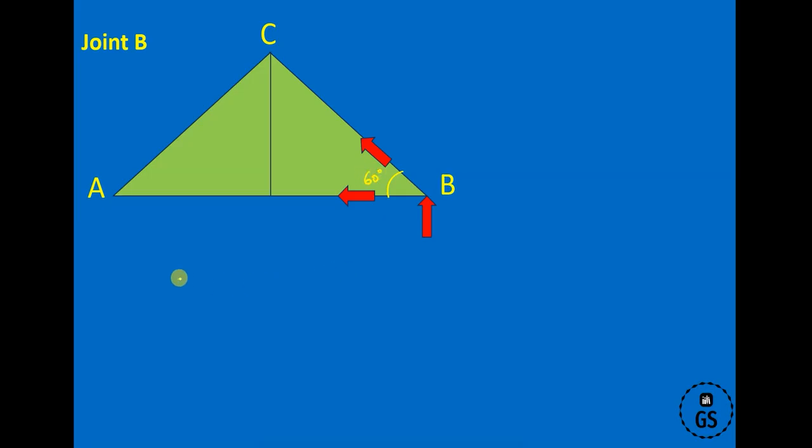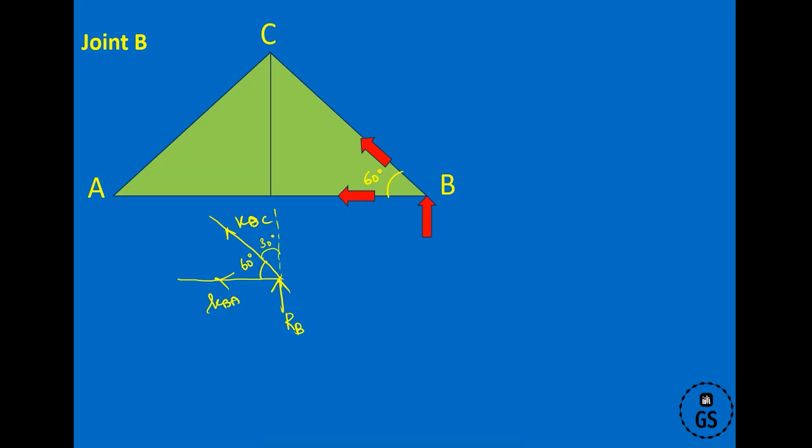So draw the sketch again. This is RB, and this is KBC and KBA. Now the angle is 60 degrees, and over here it is 90 minus 60, which is going to be 30 degrees.